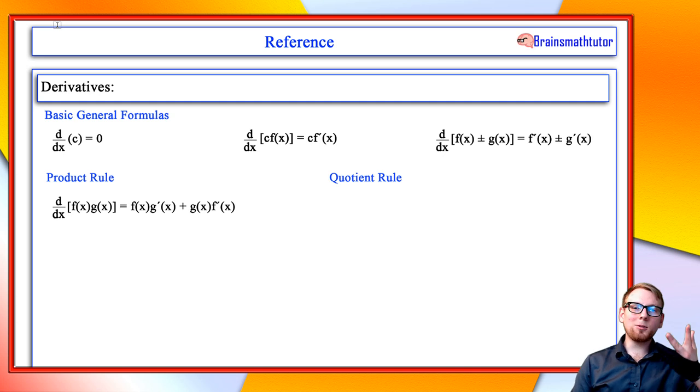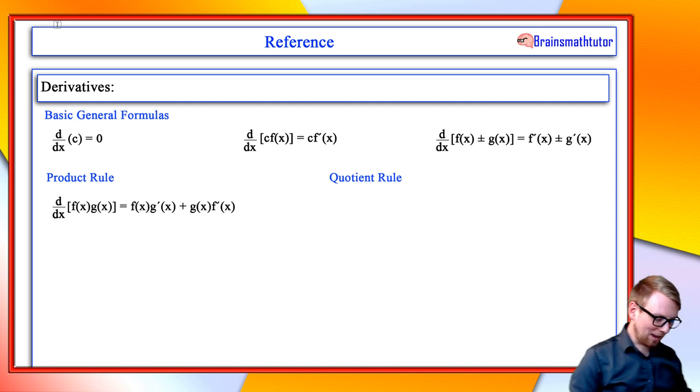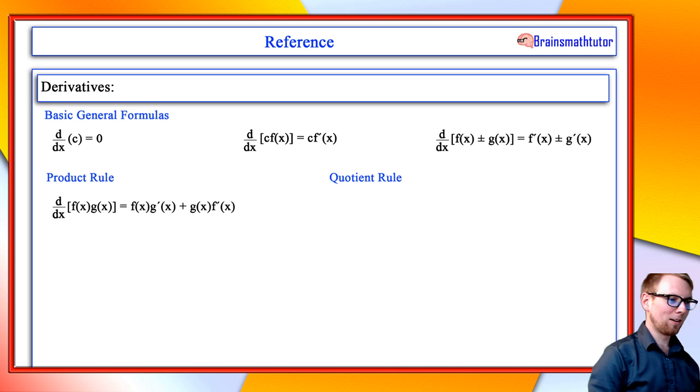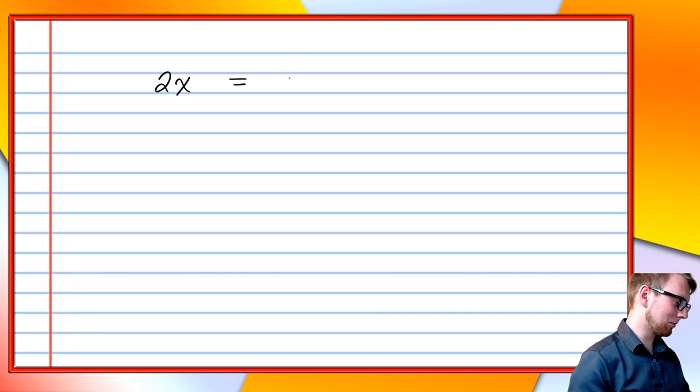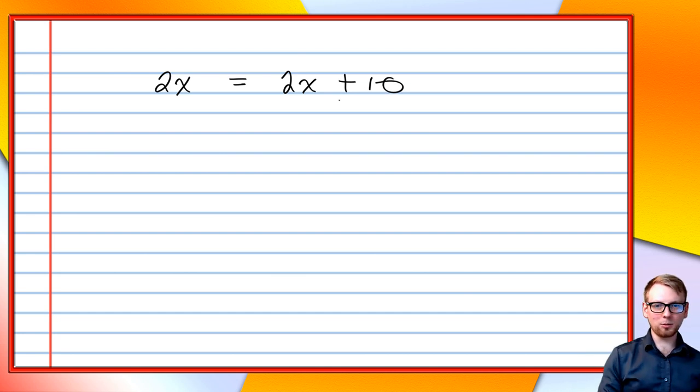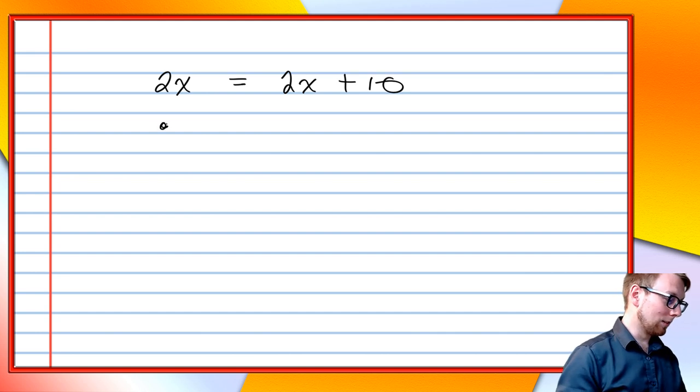Or even I saw one that's a grade 8. They literally have questions. It's something like 2x equals 2x plus 10. Is this solvable? And they'll have a question like this, and they'll have like 4 bullet points or something. Yes, no, and x equals 5.